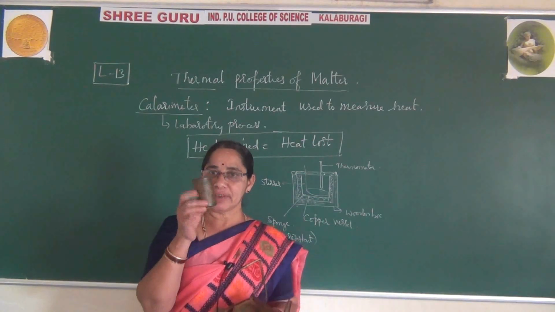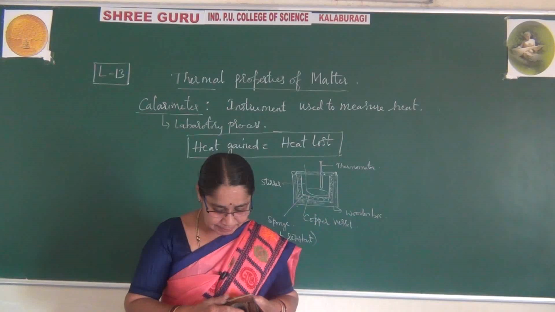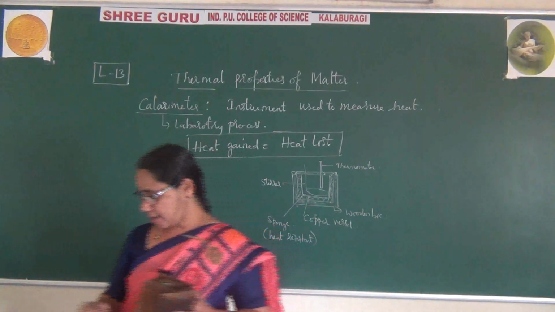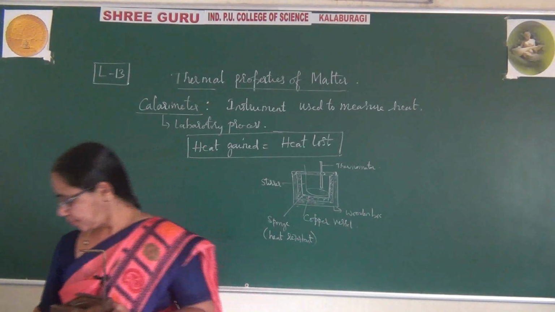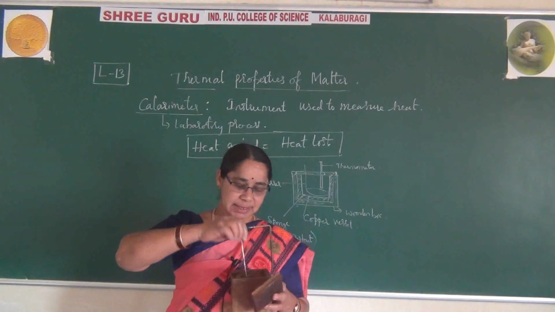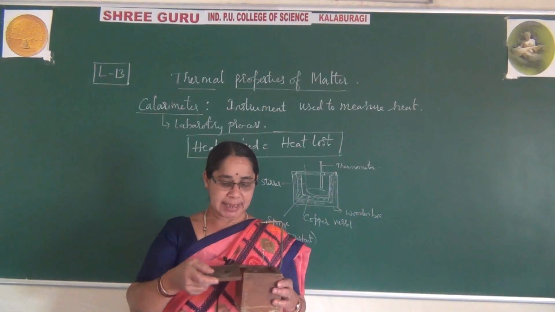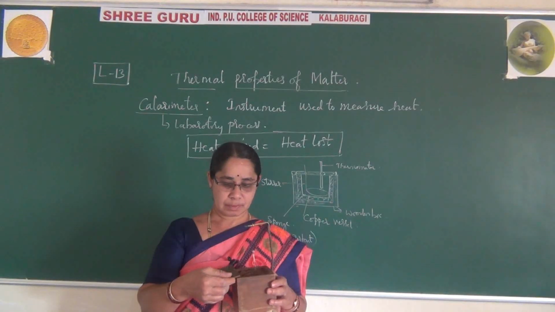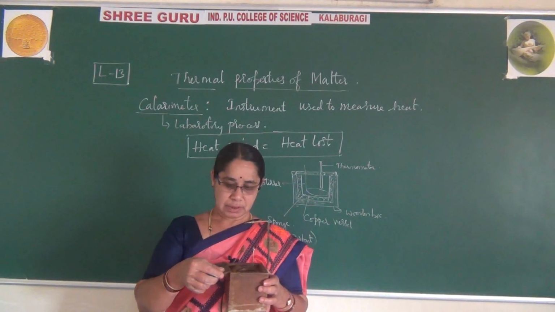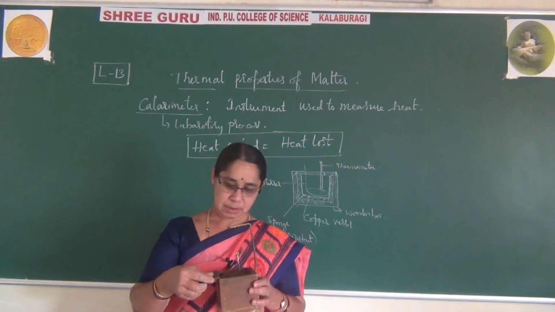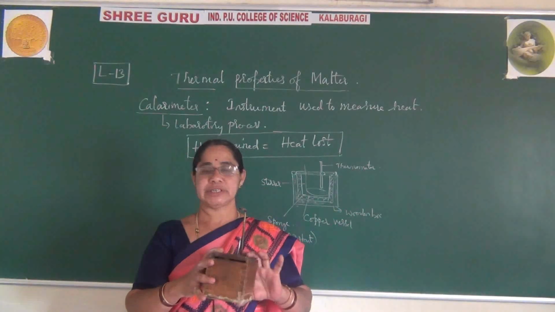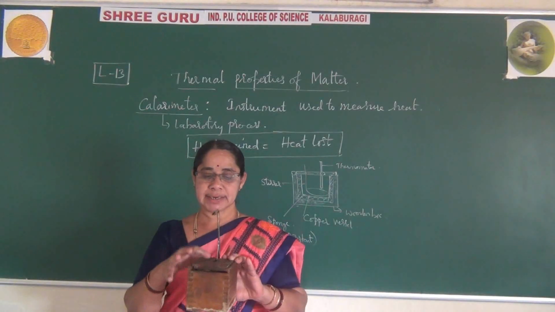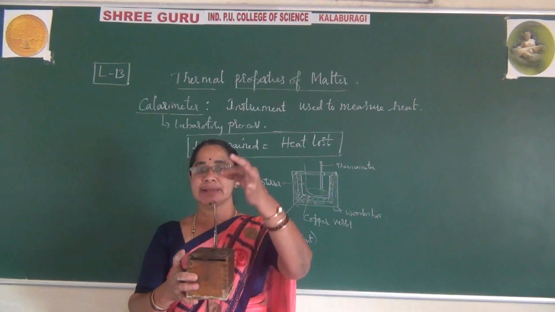This copper vessel is placed inside completely like this, and again we put the stirrer in this. I just close it like this, so there is no space for heat to come out. Only the stirrer is here, and here we place a thermometer.